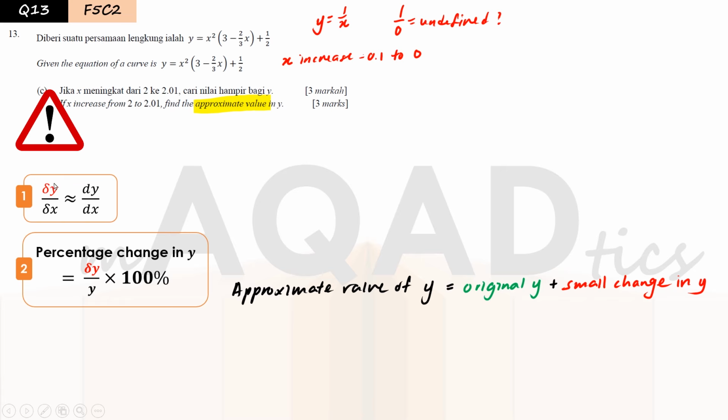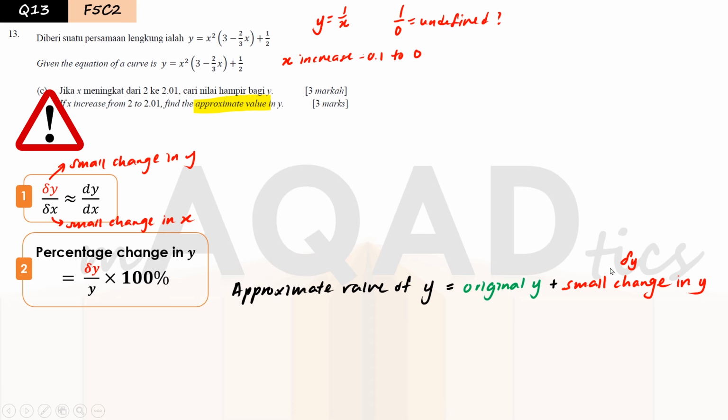So what are delta y and delta x? Basically, delta y is the small change in y, and delta x is the small change in x. Coming back here, we are trying to find delta y, right?